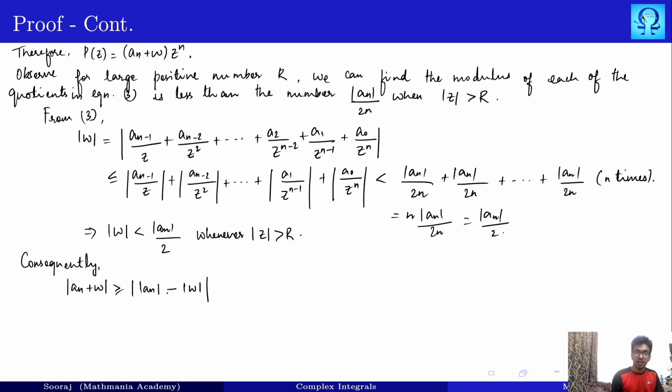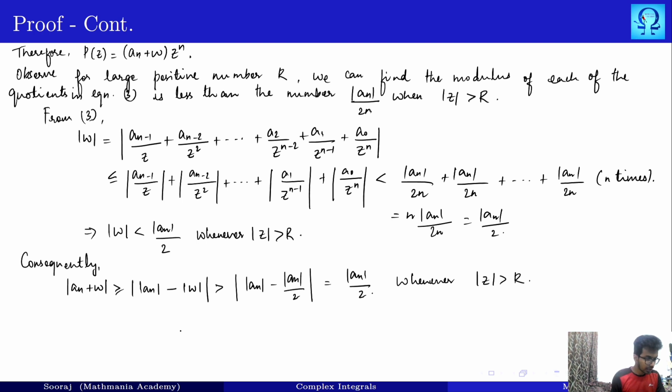We have the negation sign, right? So when you negate it, what you get is bigger than absolute of an minus absolute of an upon 2, which is equal to absolute of an upon 2. So this is happening whenever absolute of z is bigger than r.